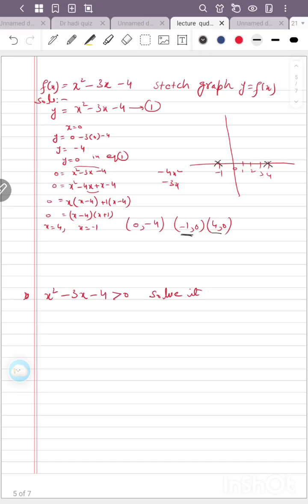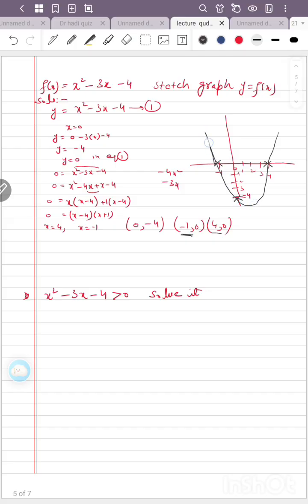And now third we have to find the value of 0 and minus 4, which is our y-intercept. Here minus 1 minus 2 minus 3 and minus 4. So this is our y-intercept point. This graph is going here, going here, going here, and here it is going this way.